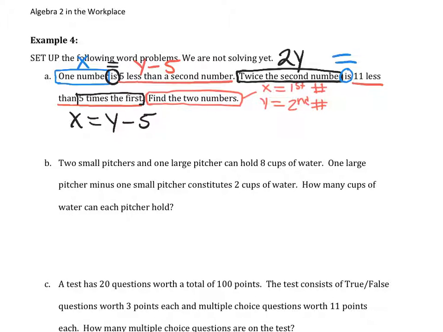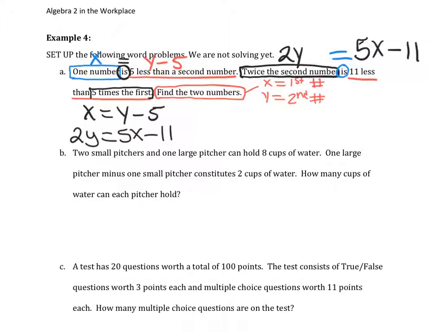Let's start there. So 5 times what? X or y? What's our first number? X. So we'll have 5x, and then it's 11 less than that, so minus 11. Okay, and then those are our two equations, so those are set up.